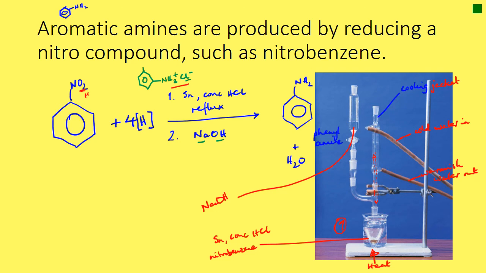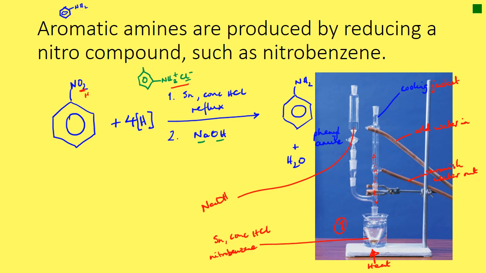And that's where you do your reduction, which reminds me we need to add our 4 hydrogen atoms, which we draw like this, just to distinguish them from H2 hydrogen gas.